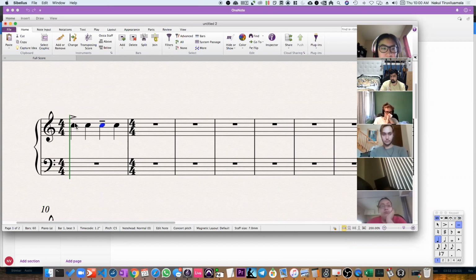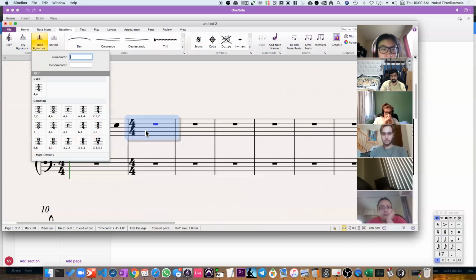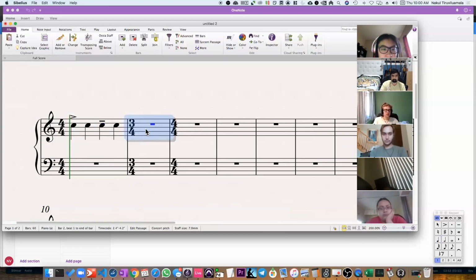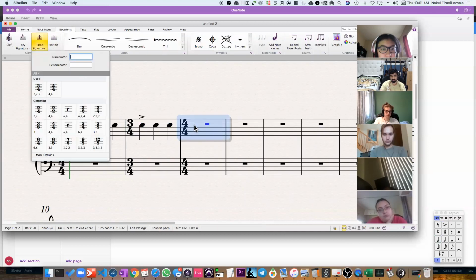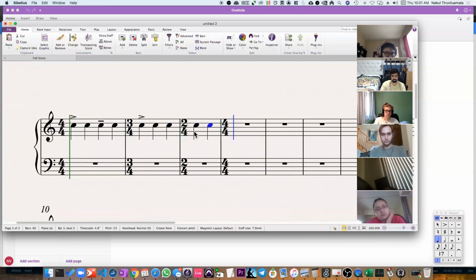This is how 4/4 is notated a lot in terms of accent. There's a strong beat on beat 1, and then a weaker beat on beat 3. 3/4 has a strong beat on beat 1. 2/4 has just a strong beat on beat 1.